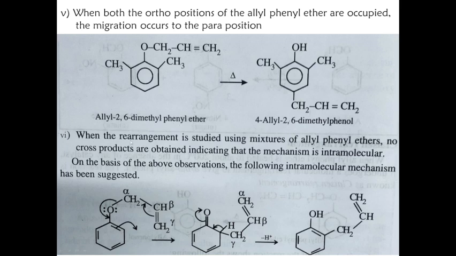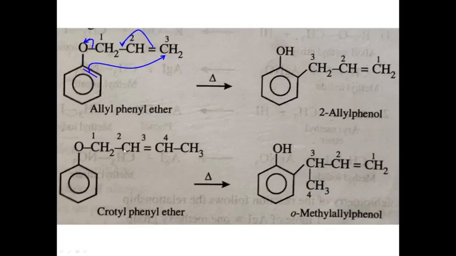And the next point is, when the rearrangement is studied using mixtures of allyl phenyl ethers. Okay, so they have taken different allyl phenyl ethers in the reaction system itself. For example, they have taken this compound, and then they have taken another compound like this.